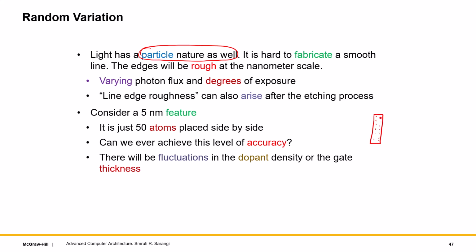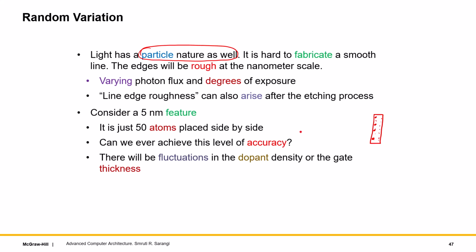But a photon, if you think about it, is a discrete fundamental particle, right? Say a photon might strike here, may not strike here, may strike here, may strike here, but then the next one may be here. So the photon flux will not be regular regardless of whatever we do. And this is a straight corollary of the particle nature of light. That's the reason fabricating a smooth line is tough.